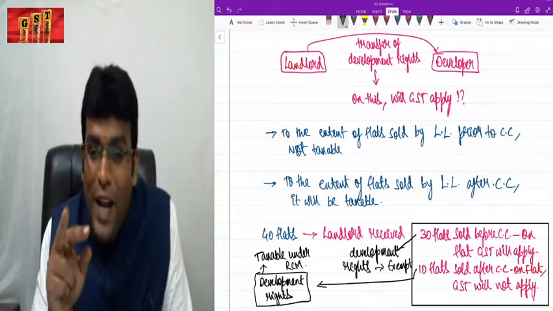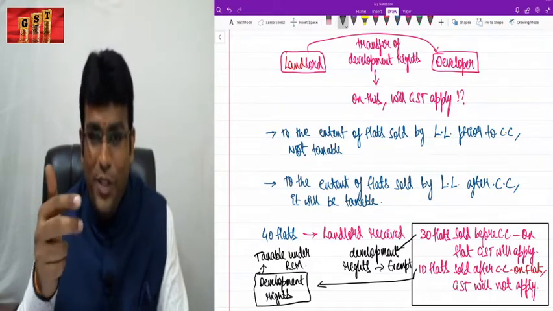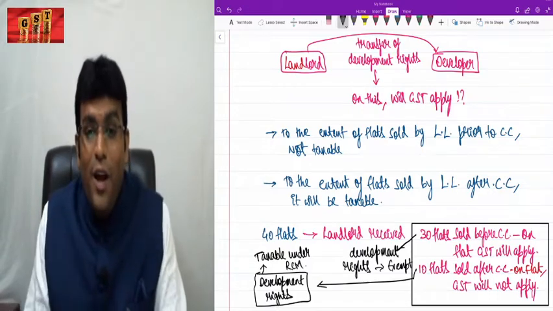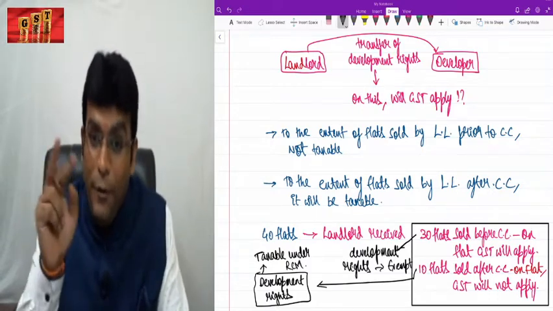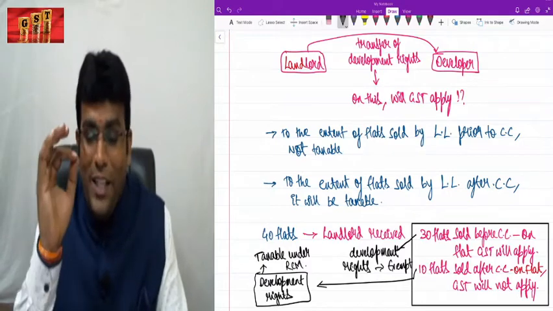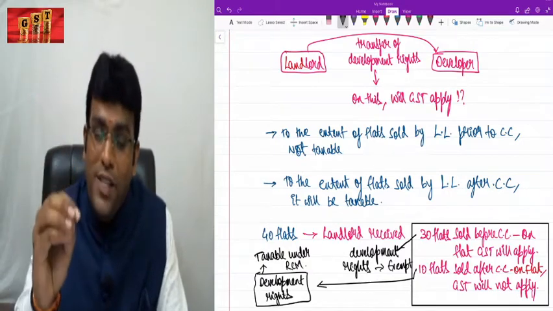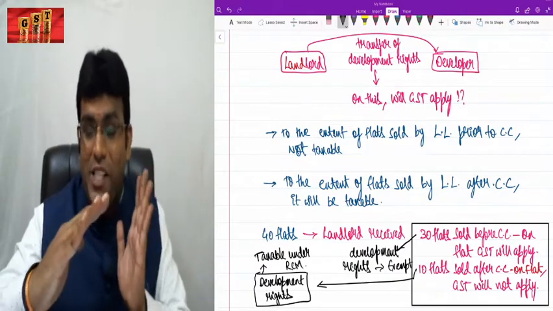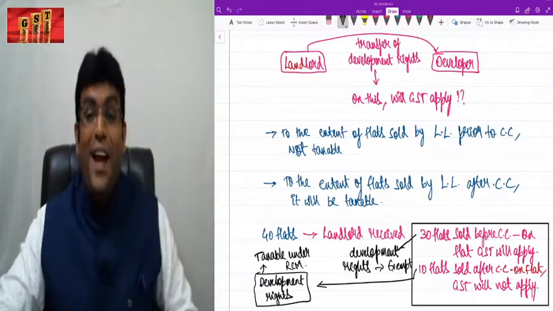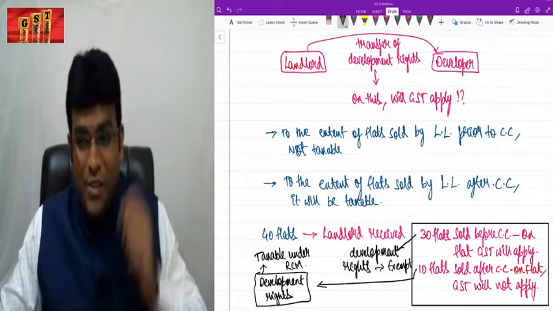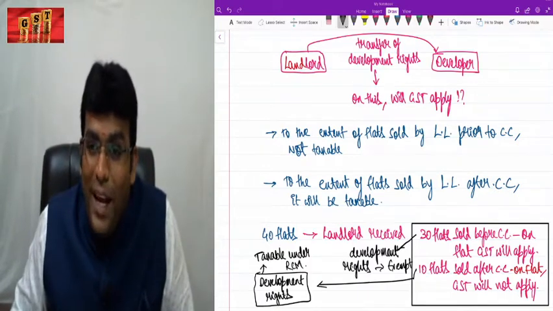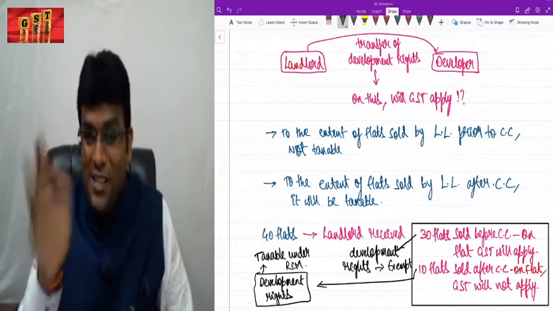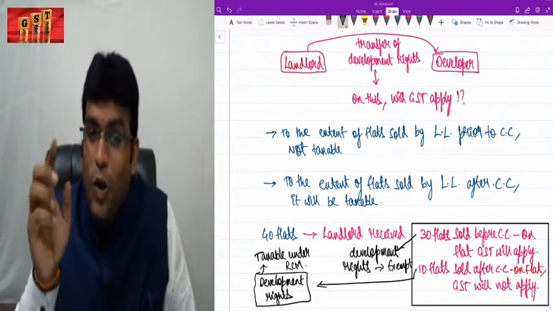Because whatever flats are sold before OC, OC means occupancy certificate, or CC completion certificate, on that flat GST will apply. And to that extent, development rights will not be taxable. And whatever flats are sold after completion certificate, on the flat you will not pay GST.